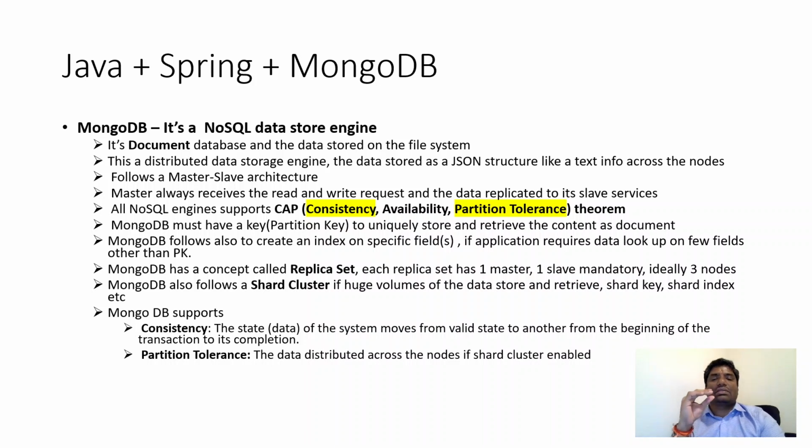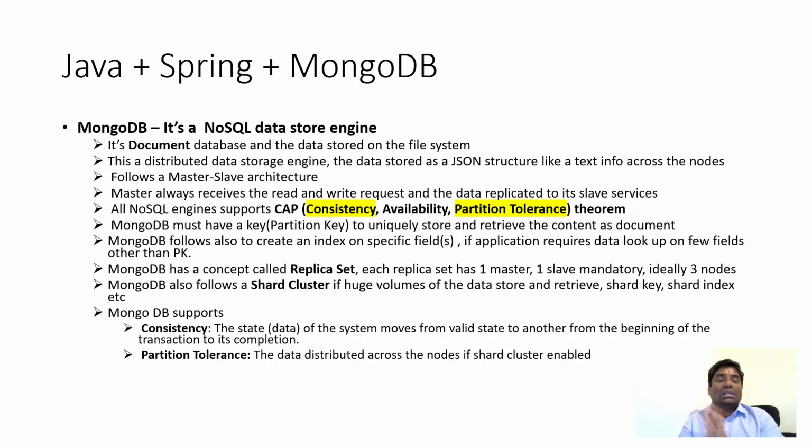That's the reason slaves can have stale data as well, definitely possible. If the primary service which is running is killed, one of the slaves becomes primary in case of a replica set.